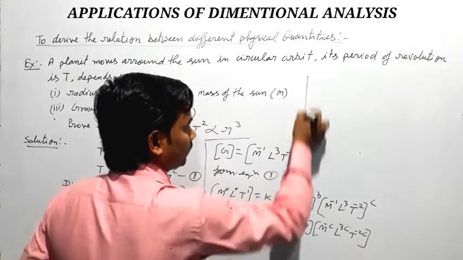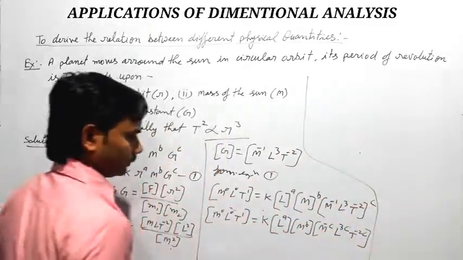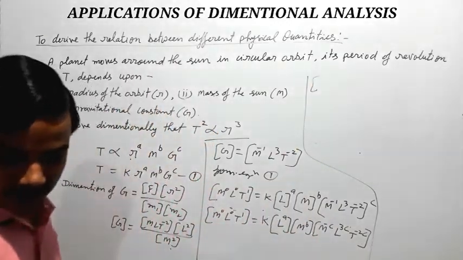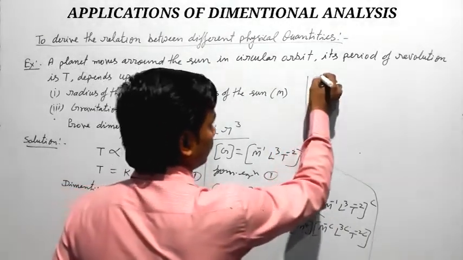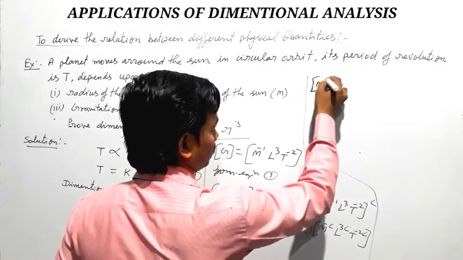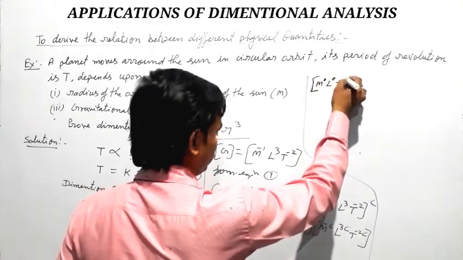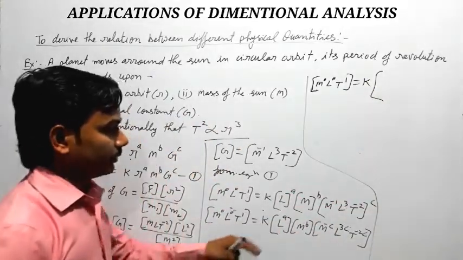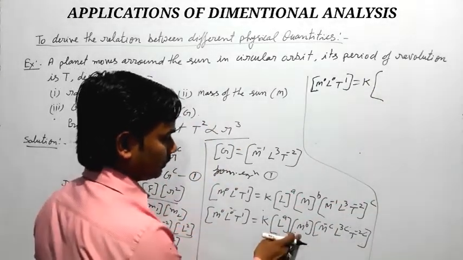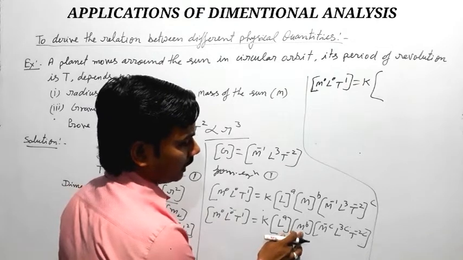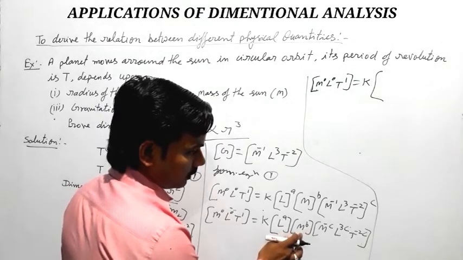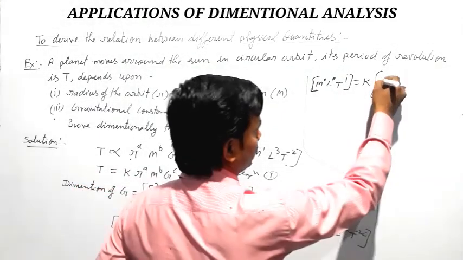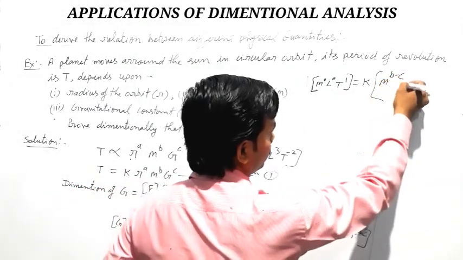Now we will write this equation as M^0 L^0 T^1 equals k, and then write the dimensions. First of all, the dimension of M: M to the power b times M to the power minus c, so this will be M to the power b minus c.